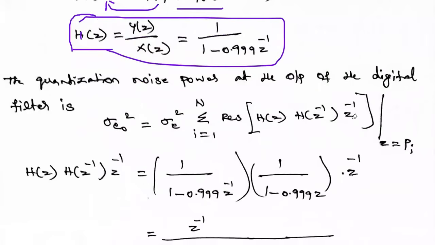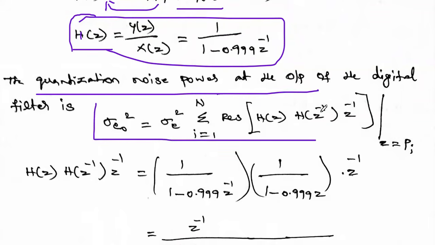Okay, in order to calculate that, first you just take the formula. So what is the output quantization noise power? The output quantization noise power, or the output of the digital filter, is given by sigma e o squared equal to sigma e squared into summation i equal to 1 to n residue of H of z, H of z inverse into z inverse at z equal to p i, where p i is nothing but the poles inside the unit circle.